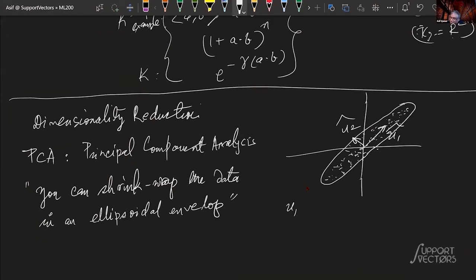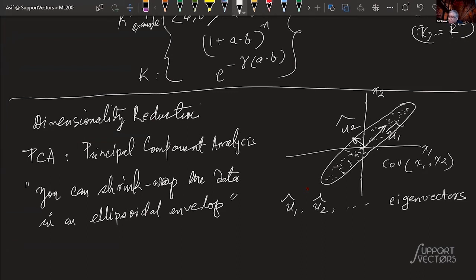So you will have directions U1, U2, etc. And then you will have a certain amount of stretch along those axes. And by the way, when we did a little bit more on the theory of it, these axes are also the eigenvectors of the covariance matrix of X1, X2.